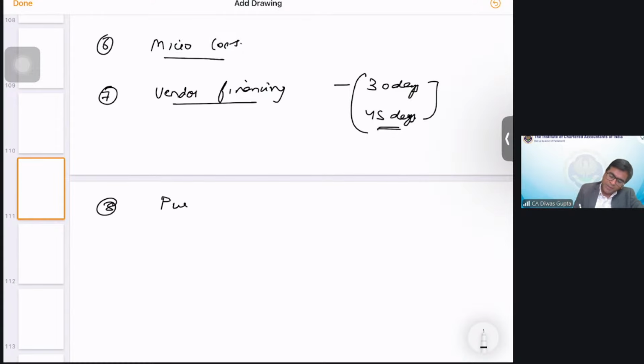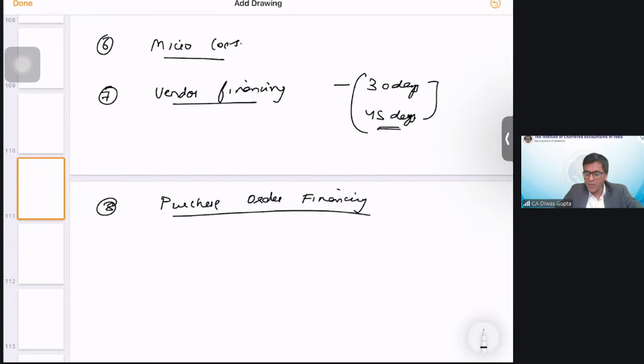Purchase order financing. A purchase order is a valid commercial document through which, let's say, some person has committed to another person to purchase a certain volume at a certain price.